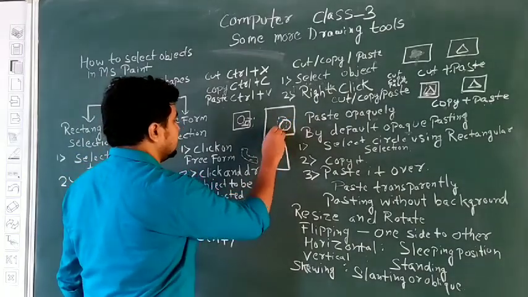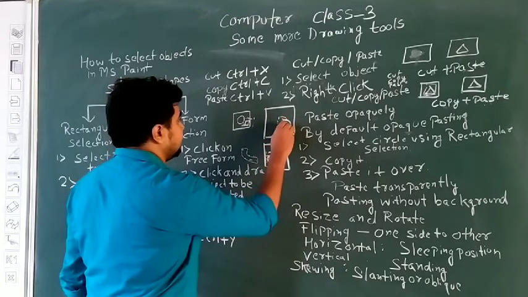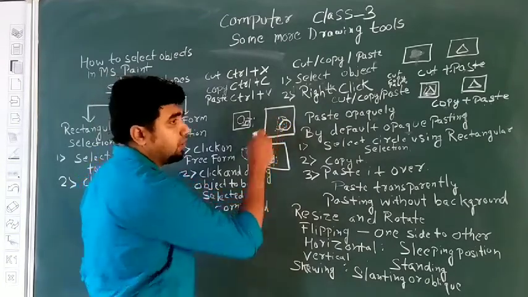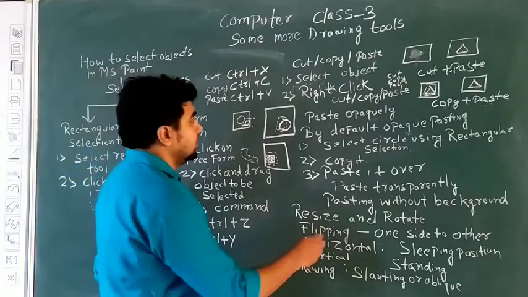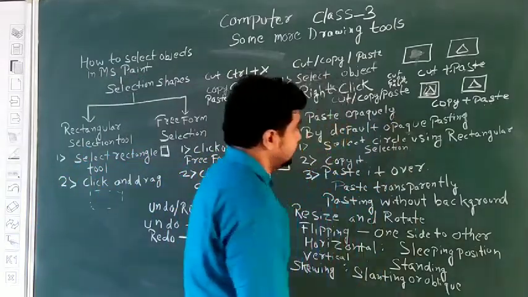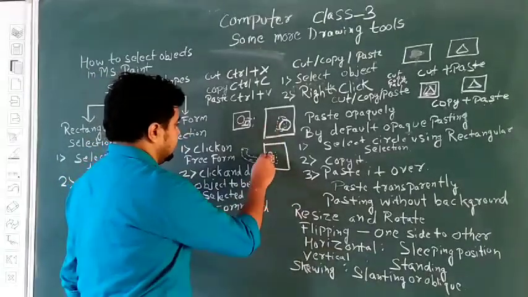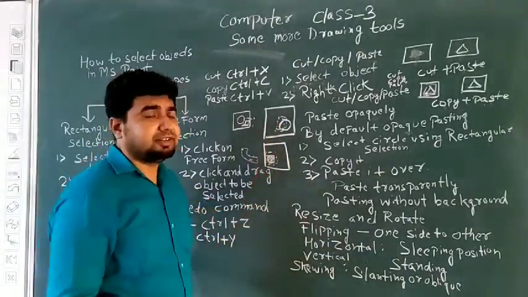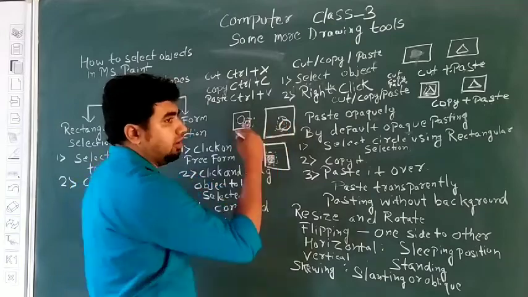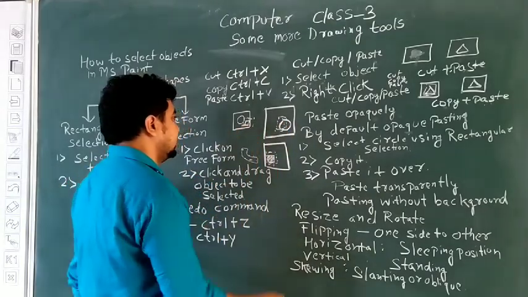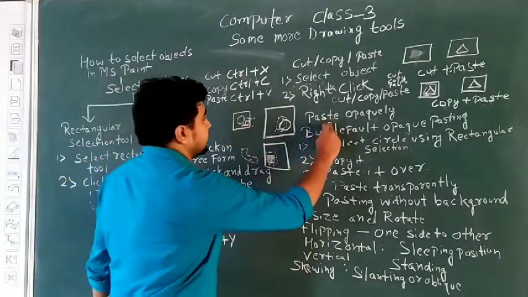The white part is appearing and the greenish part is also appearing. So this is pasting opaquely.